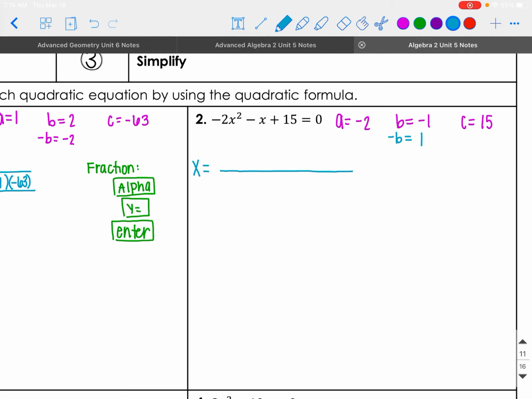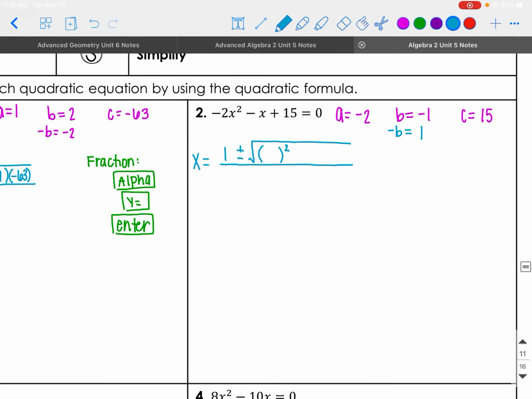Negative b is going to be +1. So we have 1 plus or minus the square root. Now it's b squared, so -1 squared, minus 4 times a times c. And all that is over 2 times your a, -2.